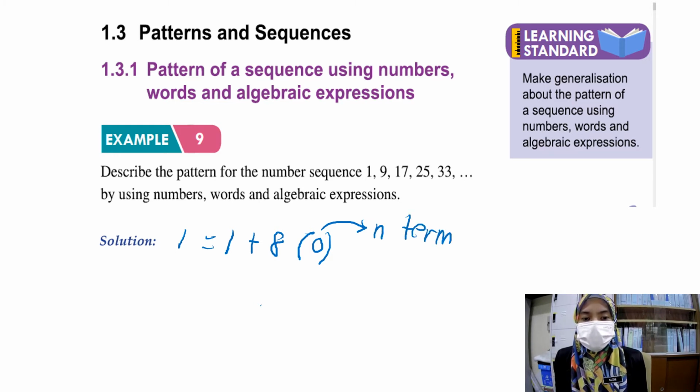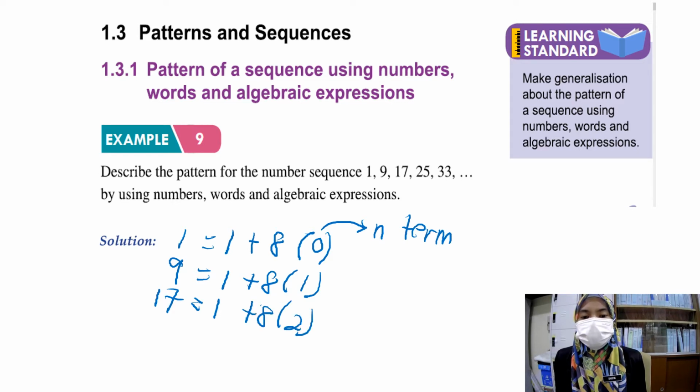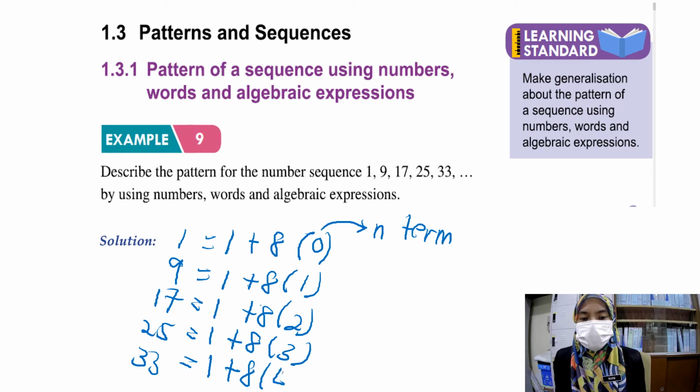Then we write 9 equal 1 plus 8 times 1. The zero term, the first term, the second term. Next, 17 equals 1 plus 8 times 2. 25 equal 1 plus 8 times 3. And 33 equal 1 plus 8 times 4.